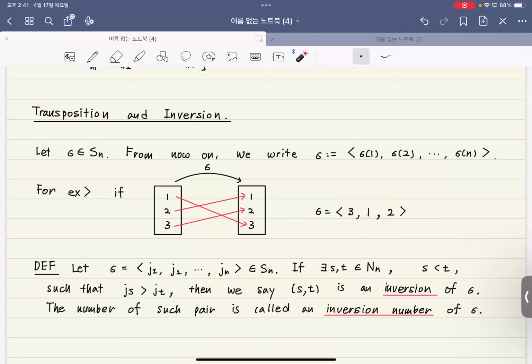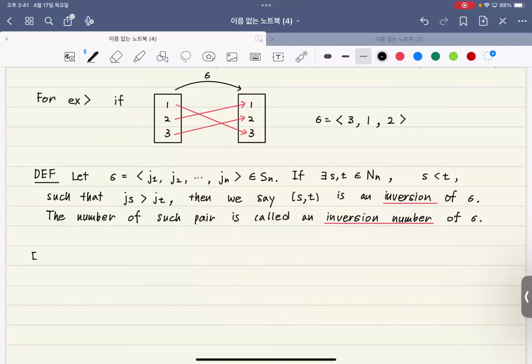Therefore, the inversion number of this permutation is 2.